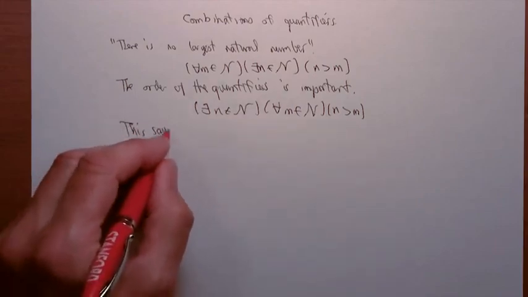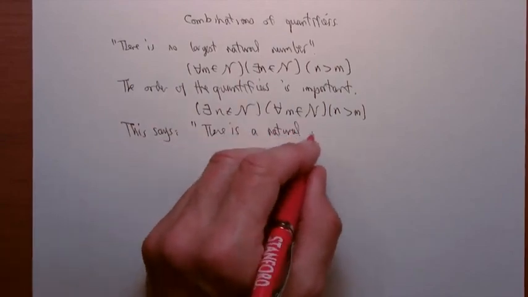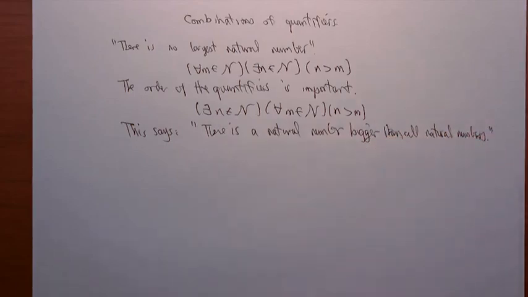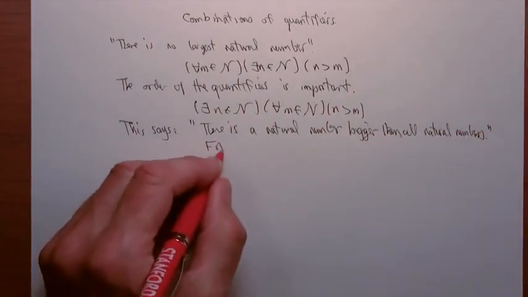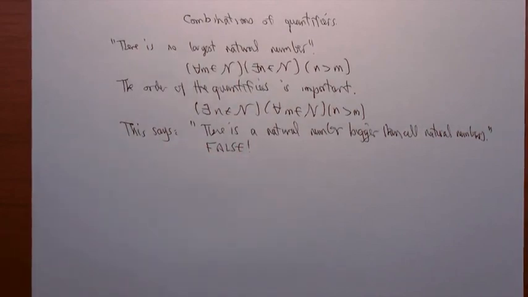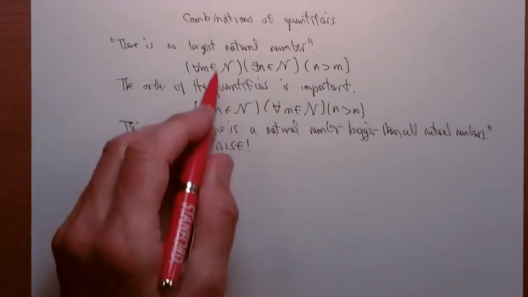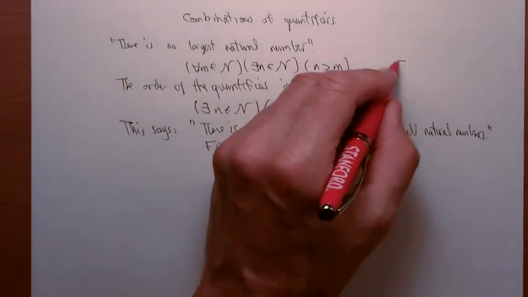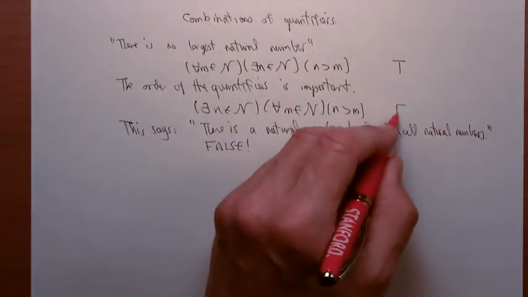In other words, this says there is a natural number bigger than all natural numbers, which is false. All I've done is swap the quantifiers round, but in so doing I've turned a true sentence into a false sentence.